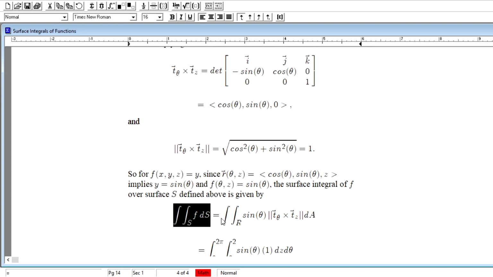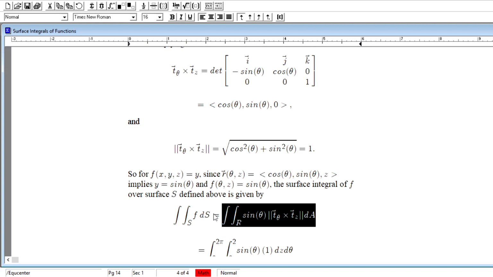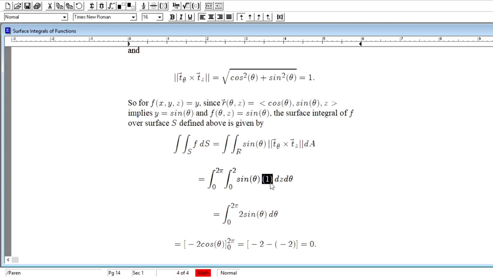In general, this surface integral applied to f with respect to S is defined, if S is defined parametrically as seen above, and we can translate that surface integral calculation into this setup here, where f defined in terms of the parameters theta and z would just be the sine of theta, times this magnitude, which given down below is going to be the magnitude of 1, right?